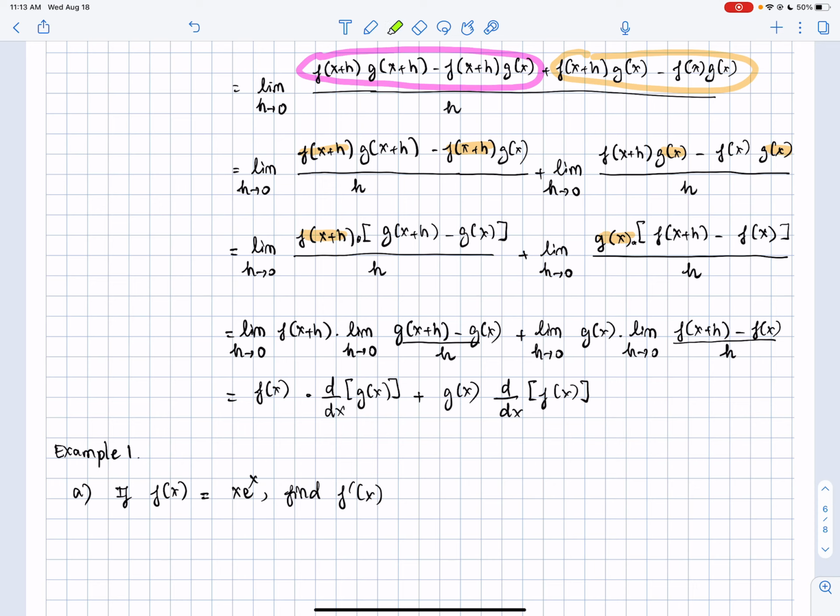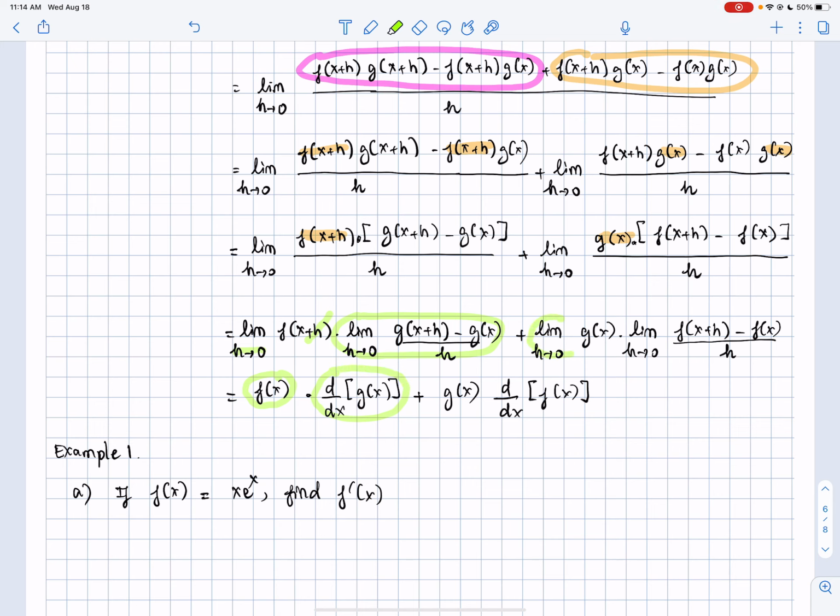And because h approaches 0, the h is gone, so we are left with f of x. And this part, by definition, is the first derivative of g of x.